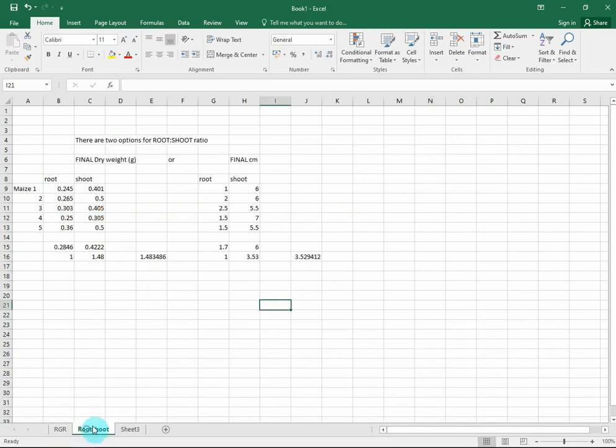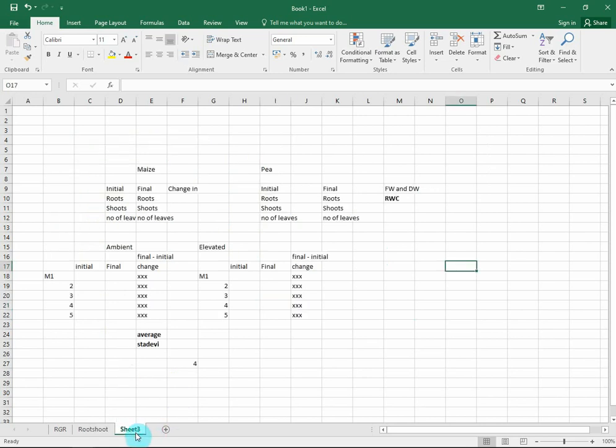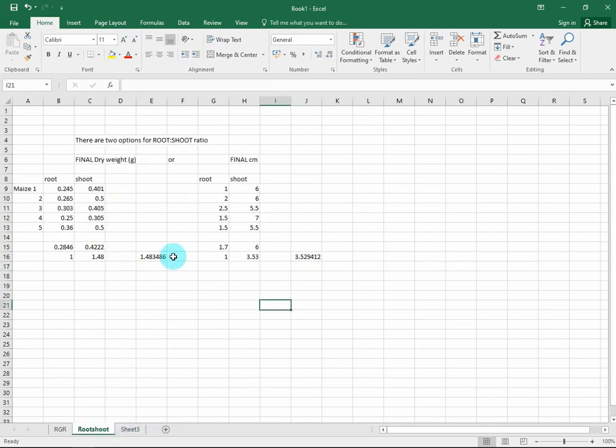I'm going to do the root shoot ratio first because it's much easier. Now, you took a final dry weight and you also took centimeters. Some of you may have separated the roots and shoots. If you have, well done, smart cookies. This is the more correct way.